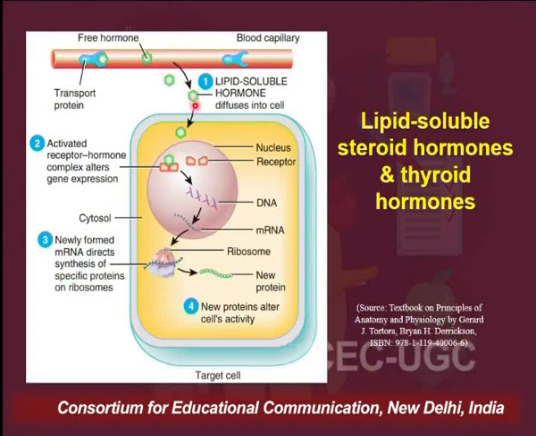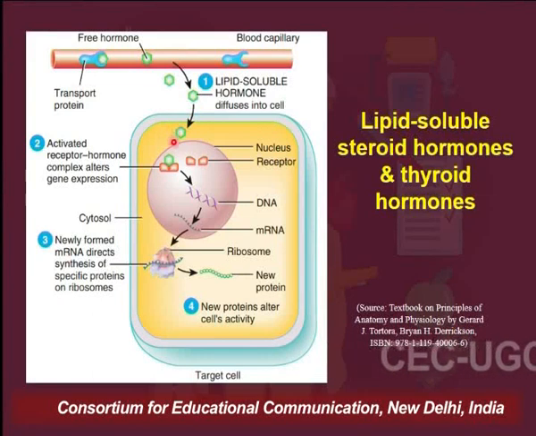As soon as this hormone reaches its target cell, this lipid soluble hormone gets dissociated from its transport protein and enters the cell. Now inside this cell, you will see that the receptors are present either in the cytosol or in the nucleus.